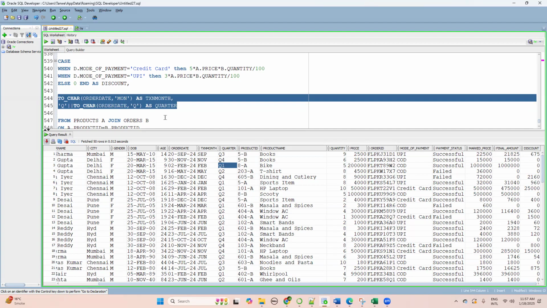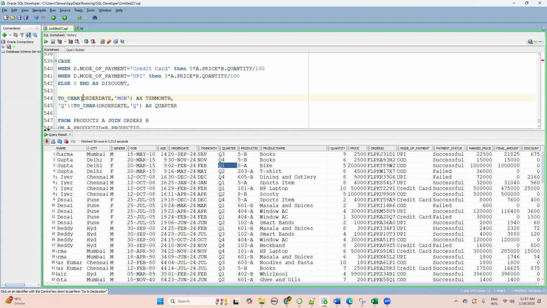Okay, sure. I will explain this. See, 544 is very simple. We are telling the SQL engine that from order date, meaning from this column, extract the month. MON means extract the month. So 20th September 2024, which month is this? September. 30th November 2024, which month is this? November. Why we are extracting this, I will show you at a later point of time when we have to derive total revenue month-wise.